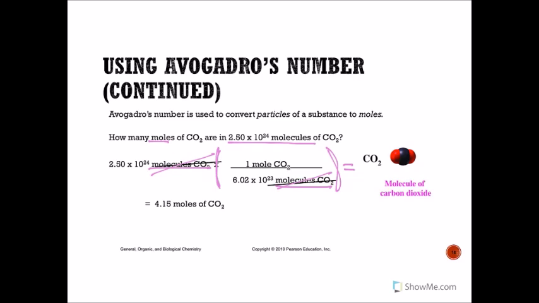And our final answer is going to be 4.15 moles of carbon dioxide, which is 3 significant figures because our number in our question has 3 significant figures. Making sure we remember the significant figures, we remember our units as well.